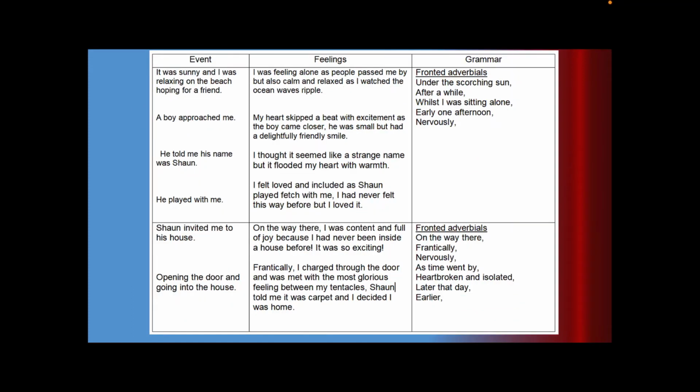Right, Year 4, so your task yesterday with Mrs. Brewman was to plan using this sheet, and you had this sheet in your pack. Mrs. Brewman went through the top part where it was sunny on the beach, and she gave you the example of when the lost thing meets Sean, the boy.